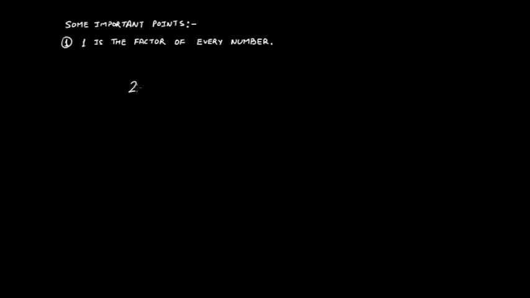Similarly, take any number, say 22. 1 is a factor of every number, so you can write 22 as 1 multiplied by 22. You remember that? Therefore 1 is a factor of 22. In fact, 1 is always a factor of any number. The next point is that every number is a factor of itself.